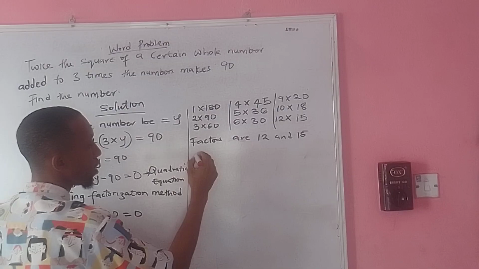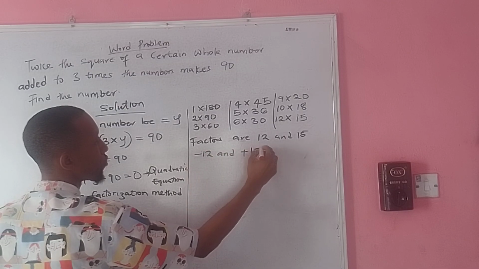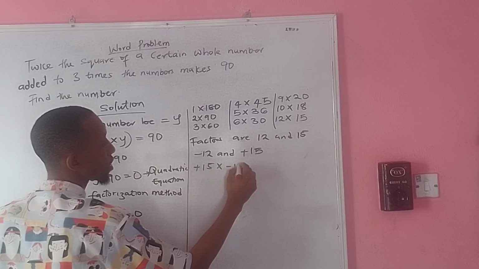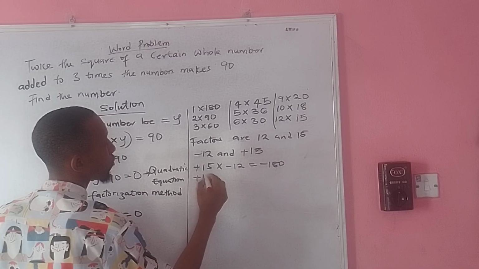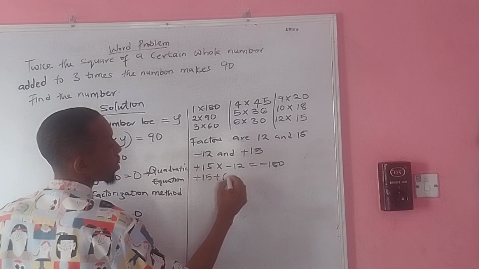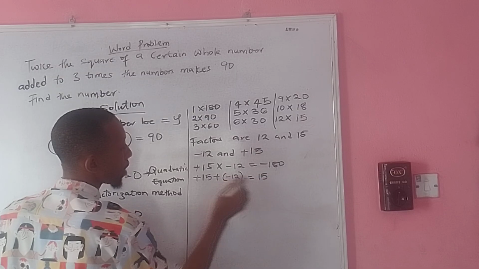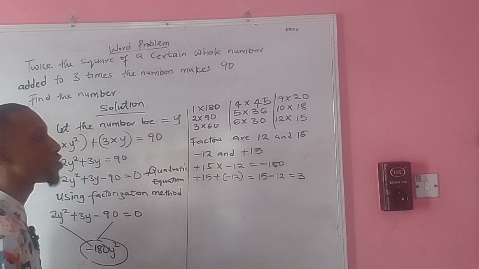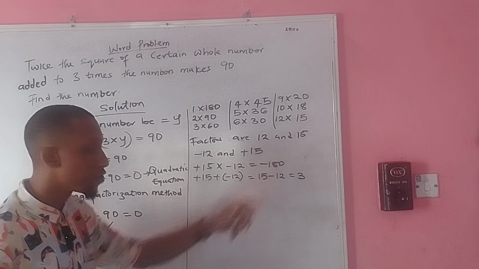If I say a negative 12 and a positive 15, a positive 15 times a negative 12 will give me a negative 180. A positive 15 plus a negative 12 will give me 3. So my two factors are a negative 12 and a positive 15.